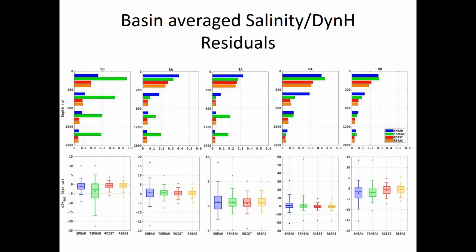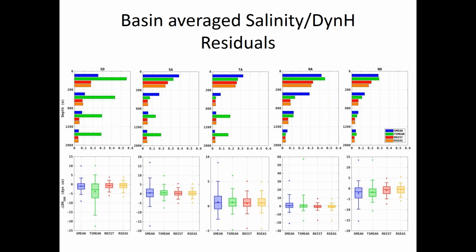The TS mean has a very difficult time in waters that are too homogeneous, like the Southern Ocean, and in the regions where you have the Antarctic intermediate water. And the S mean, especially at mid depth, where we have a stronger linear relationship, especially in the central water, can't get it, and also has strong values at the surface.